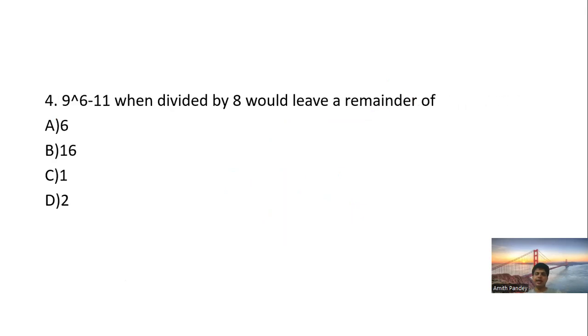Next. 9 raised to power 6 minus 11. So if I divide this by 8, what would be the remainder again? So the question is 9 raised to power 6 minus 11 by 8. For such questions, there is a concept of Bernoulli's theorem, but you don't have to worry about it.